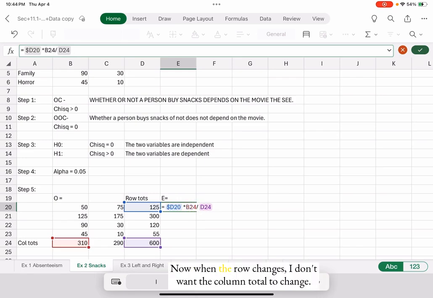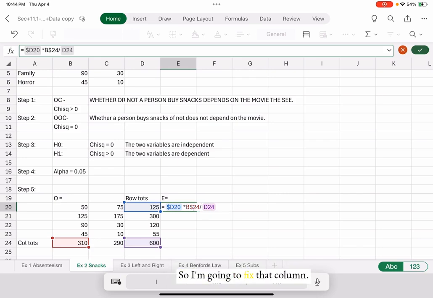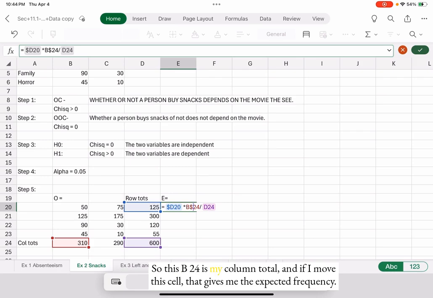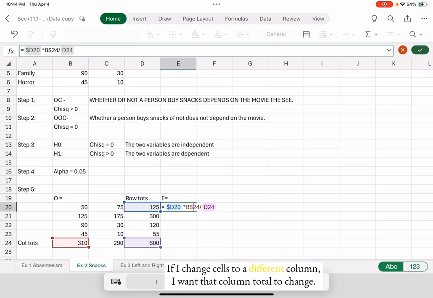Now, when the row changes, I don't want the column total to change, so I'm going to fix that column. However, I do want the column to change if I change columns. So this B24 is my column total. And if I move this cell that gives me the expected frequency, if I change cells to a different column, I want that column total to change.